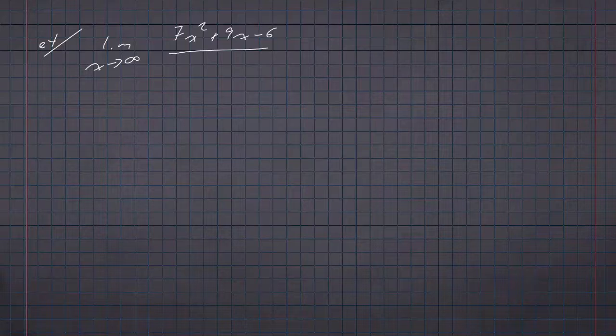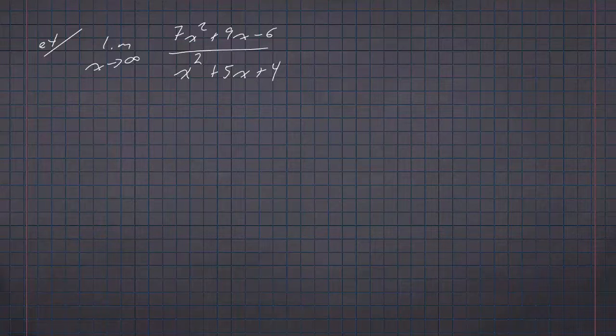Looking at one more, if I want to take the limit as x goes to infinity of 7x squared plus 9x minus 6 over x squared plus 5x minus 4. Here, I'm going to use the other property of limits, the thing that we used quite a bit in evaluating limits earlier, and that is assuming that I can simply move things around in the fraction and not worry about dividing by 0 or any issues.